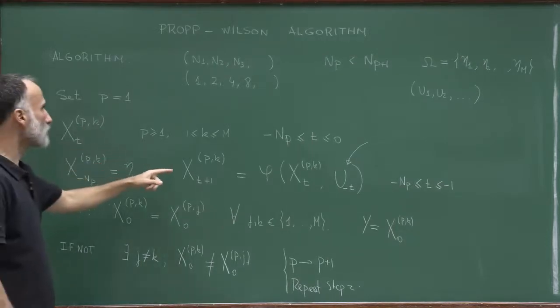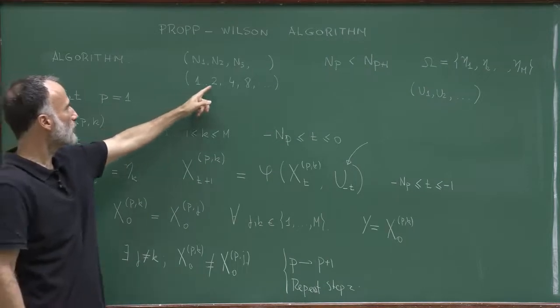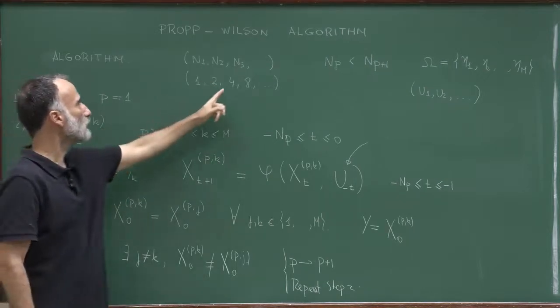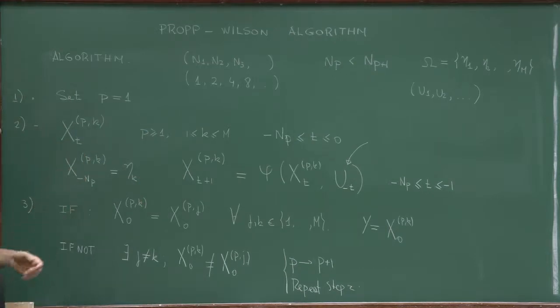So instead of starting at minus n1, now you start at minus n2. So instead of starting at -1, now you start at -2 or -4, -8, and you define new chains, a family of Markov chains in the same way.